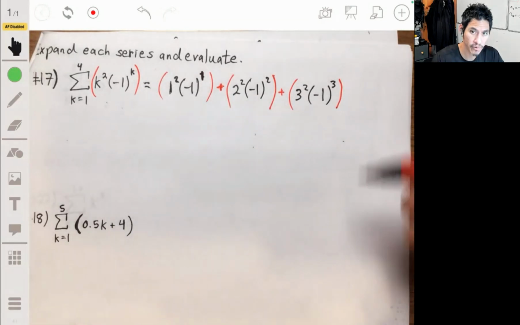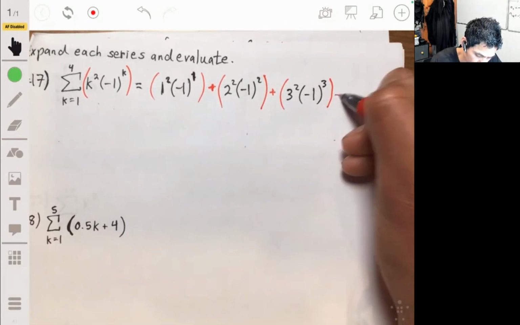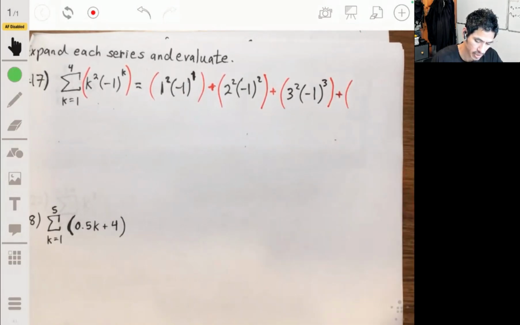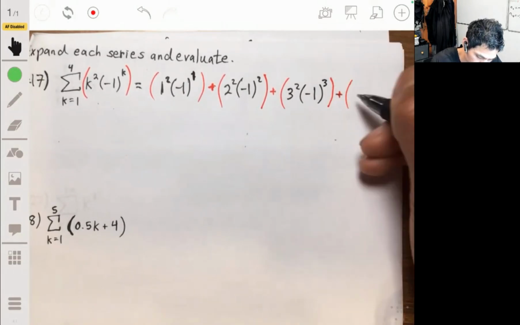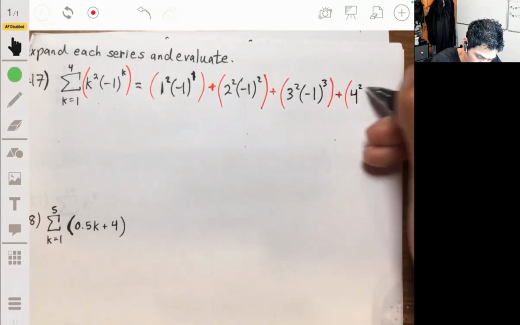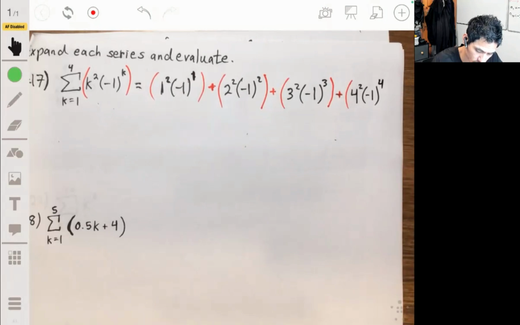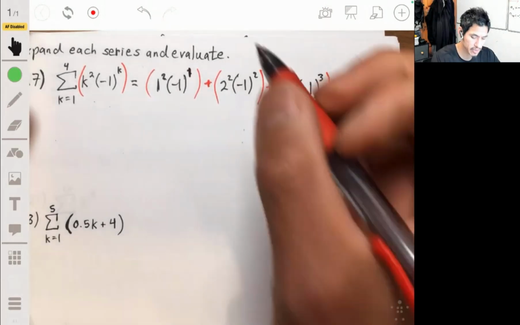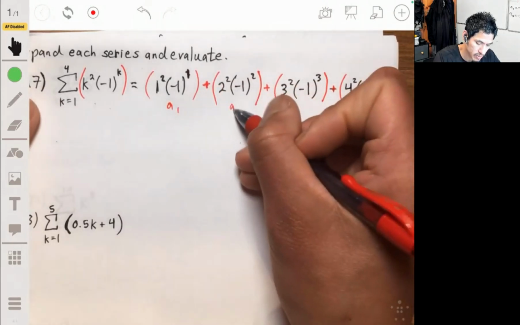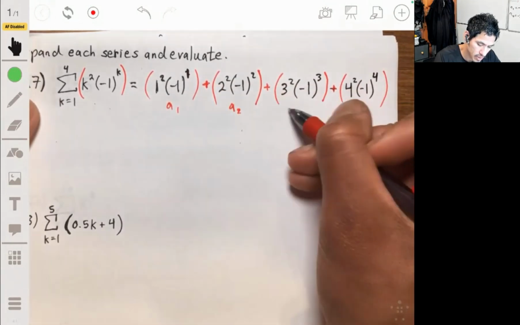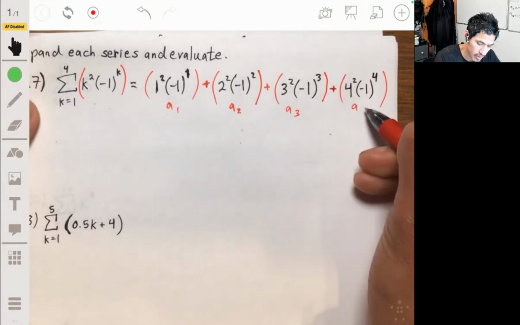Okay, and then a4 will be equal to 4 squared times -1 to the 4th power. So again, you're adding a1, a2, a3, and a4.